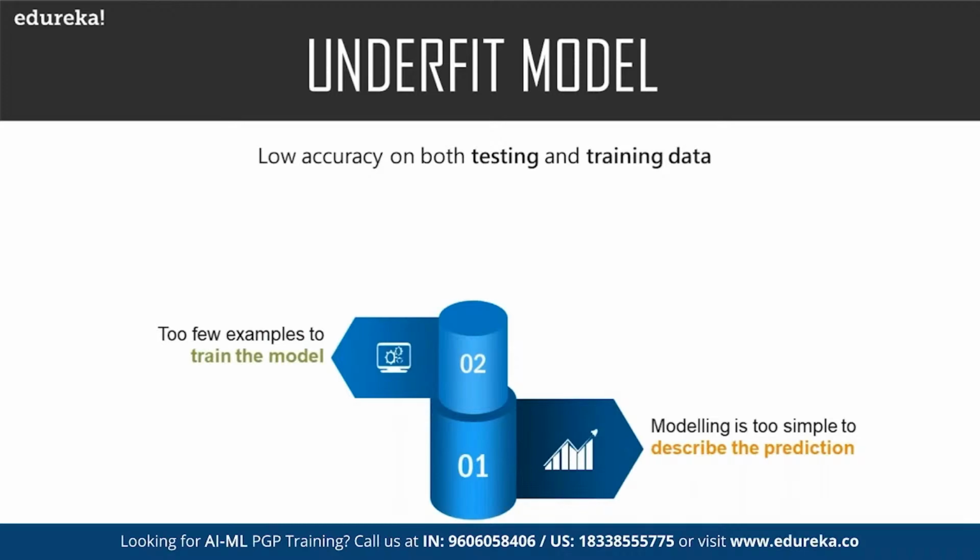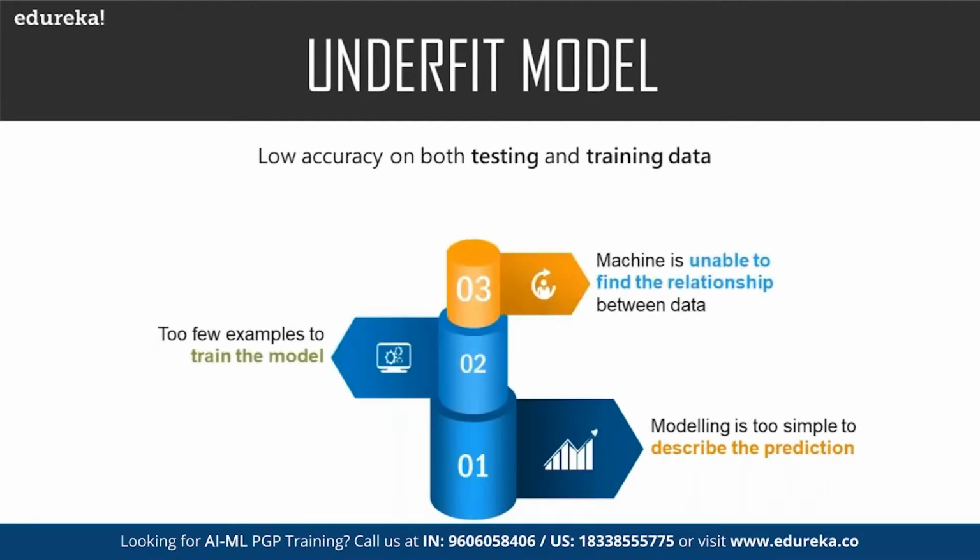We may be using very little data to train the model. That is again a big cause that yielded such an underfit model. And moving ahead, the machine is unable to find the relationship in the data because we haven't properly chosen the data with which to evaluate the model.